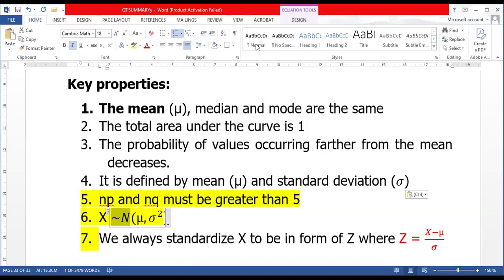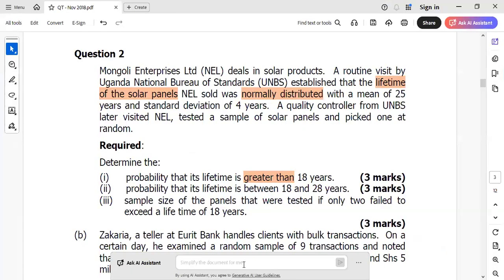What is our x here? Our x can be defined as the life of the solar panels sold by MER.